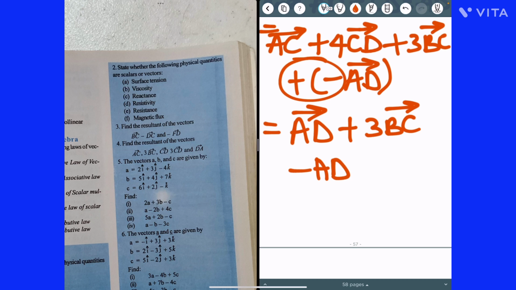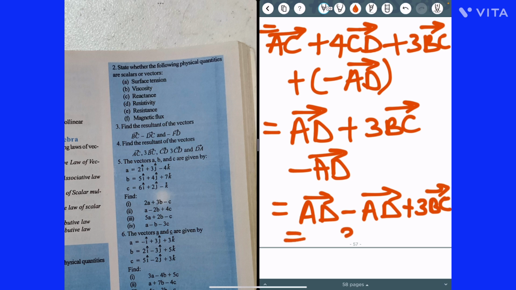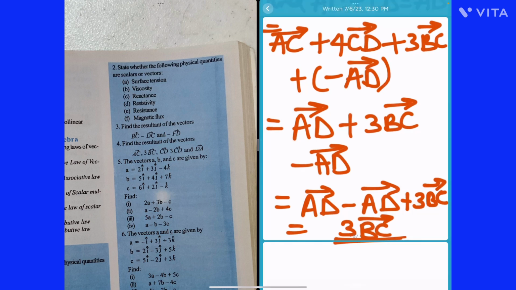Plus times minus here will give me minus. So rearranging, I'll get AD minus AD plus 3BC. So AD minus AD is 0. And my final answer will be 3BC. So that's how to do the resultant of the vectors.